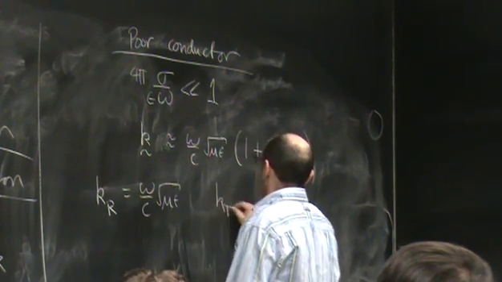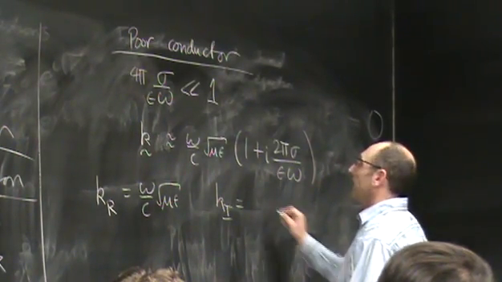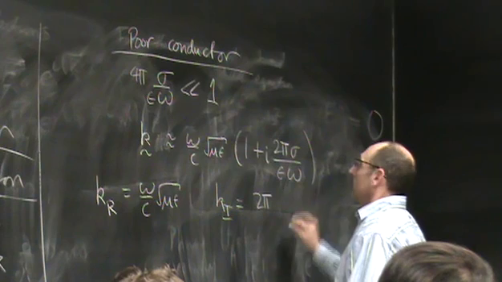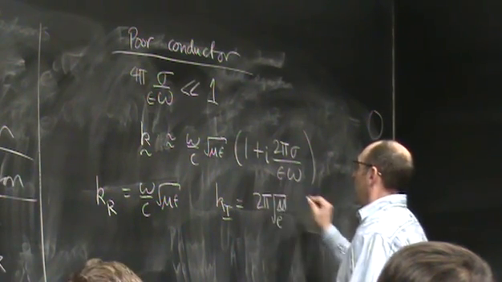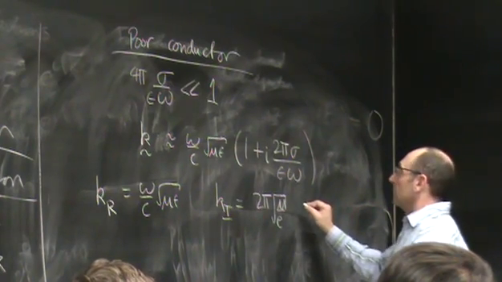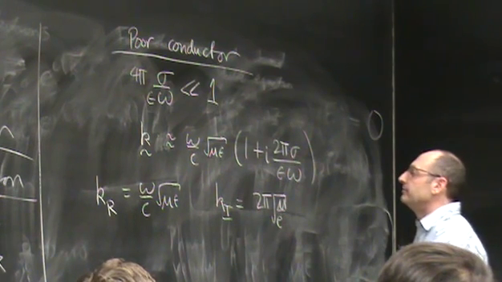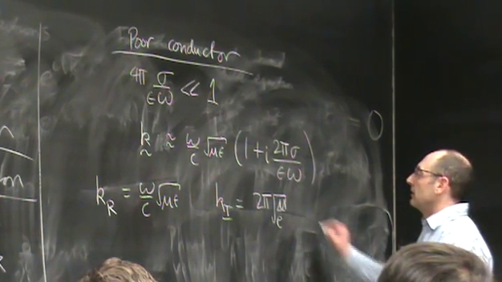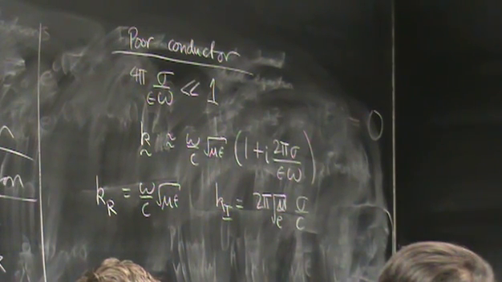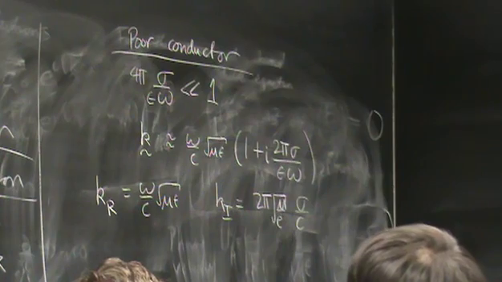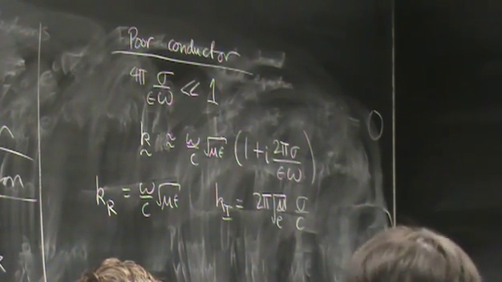And the imaginary part now is equal to 2 pi square root mu over epsilon, sigma over c. Did I do that right? I think I did. Yeah. All right. So what does the wave propagation look like?